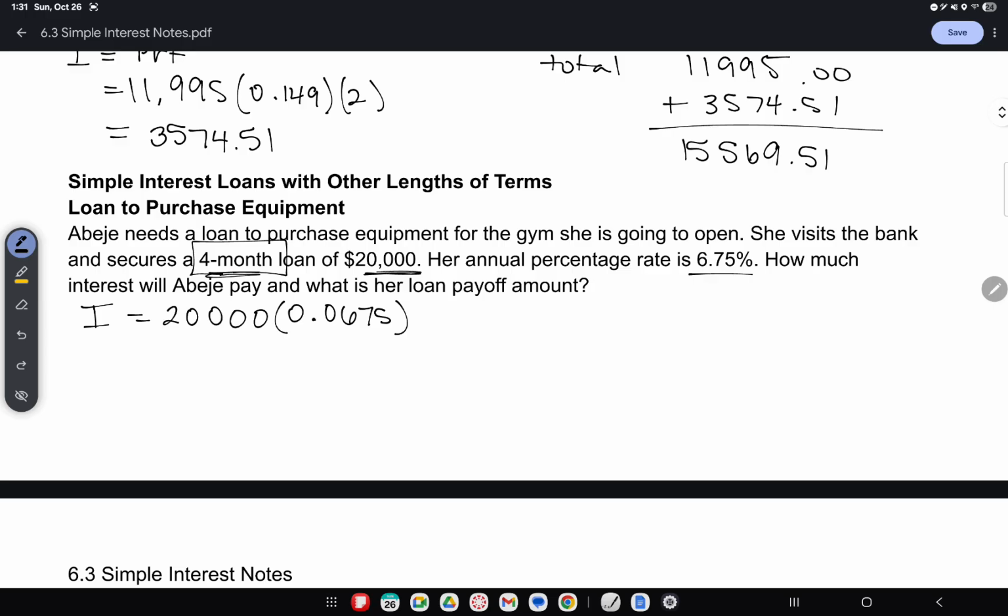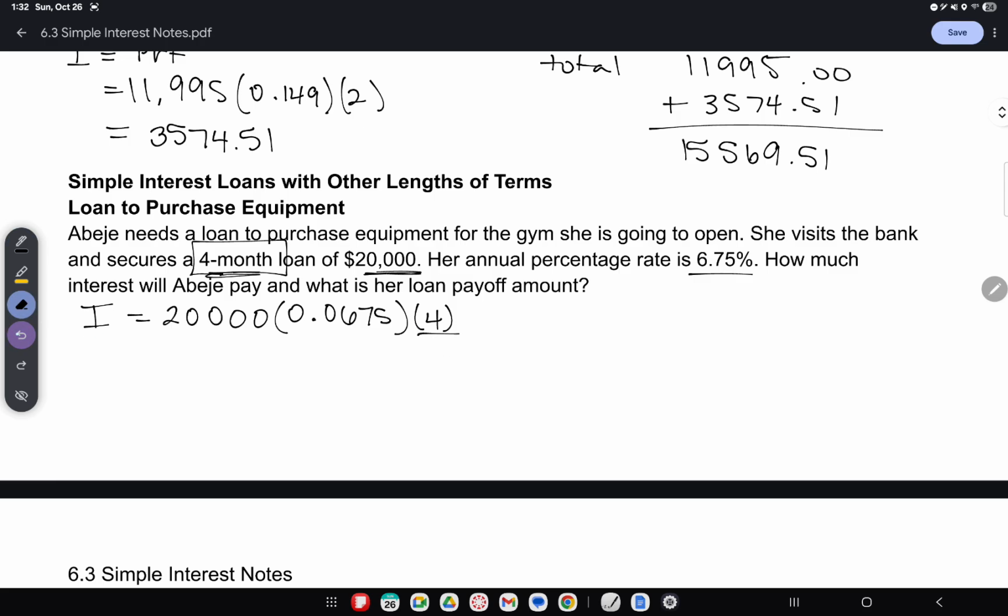So we can think of doing this in 2 different ways. We can say, hey, that 6.75% is for the entire year, so we can divide that by how many months are in a year, and then I can multiply it by the number of months that we're using it for. Or we can divide the months, the 4 out of 12 months.